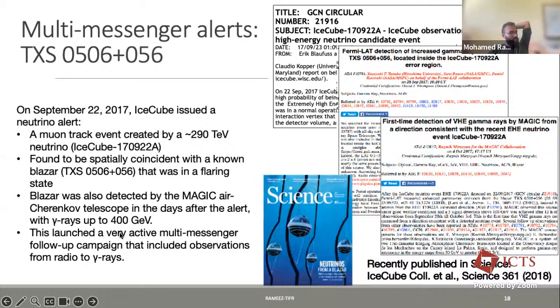And within 2 days, MAGIC, the ground-based imaging atmospheric Cherenkov telescope in La Palma, as well as Fermi, put out alerts telling us that they found this blazar, TXS 0506+056, to be in a flaring state. That is, it is producing more high-energy photons than normal.